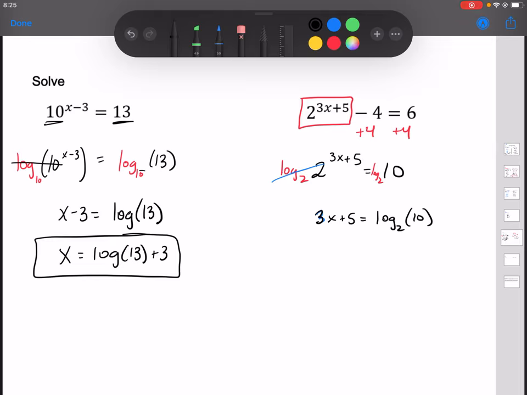I can't simplify that, so I'm going to just solve for x. So I'll subtract 5, so I have 3x equals log base 2 of 10 minus 5, and I'll divide all of that by 3.